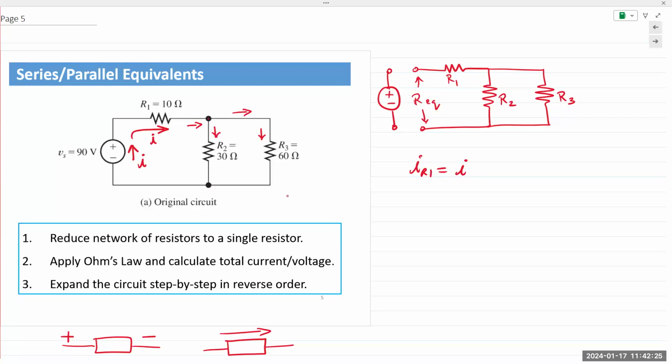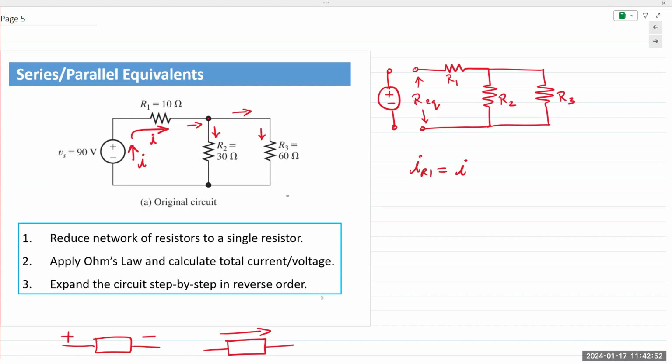Side note, one way to verify your answers: R2 is smaller than R3. So for current IR2 and IR3, which one will be larger? IR2 would be larger. The smaller the resistance, the larger the current. So when you solve a problem, that's another thing to keep in mind.